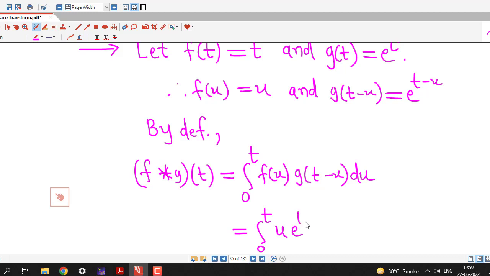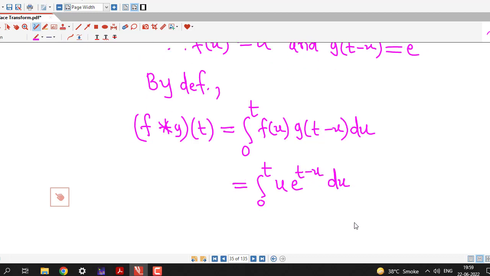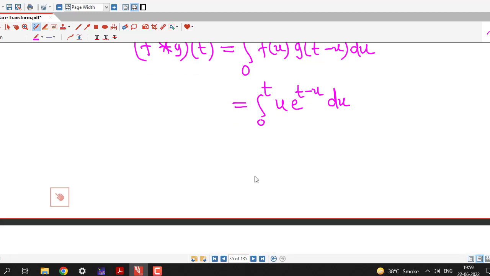So we substitute these two: integral of u times e raised to t minus u du. Here the integral is with respect to u, so we will consider t as constant, and this I can rewrite as e raised to t times e raised to minus u du.